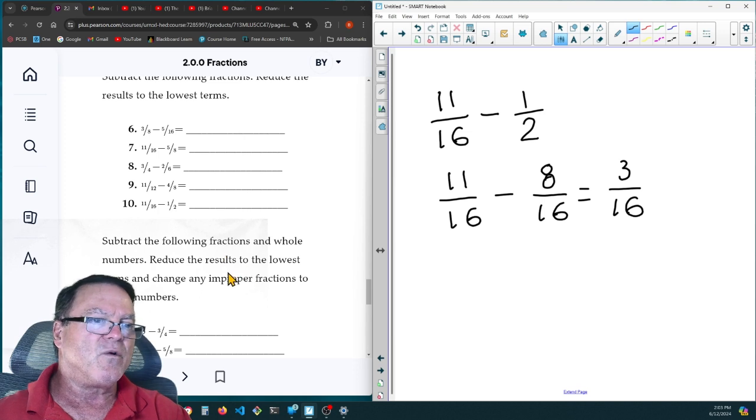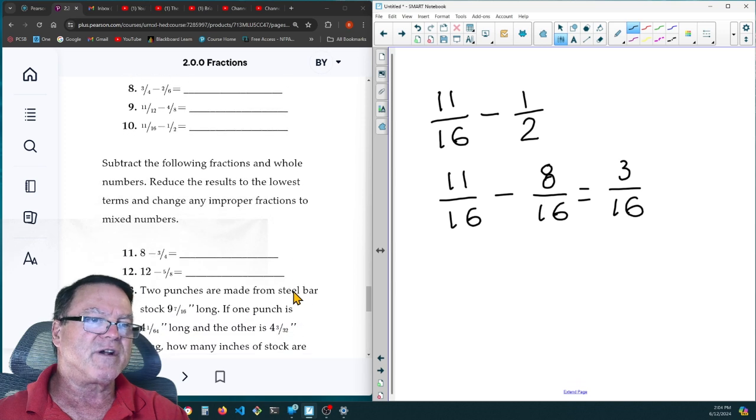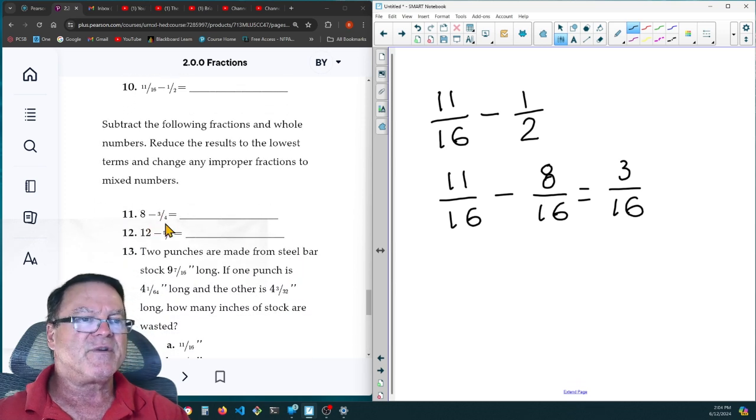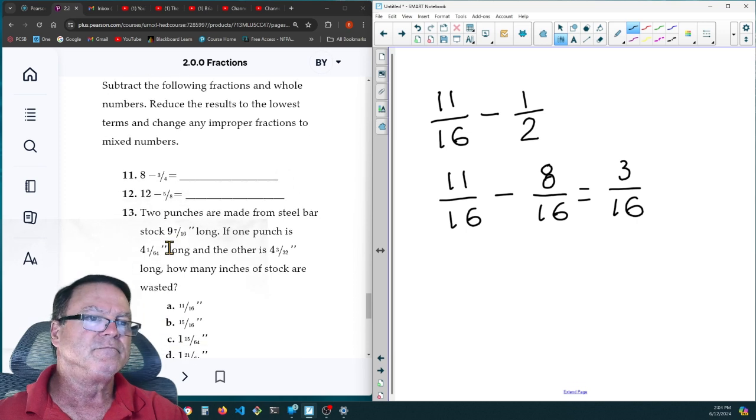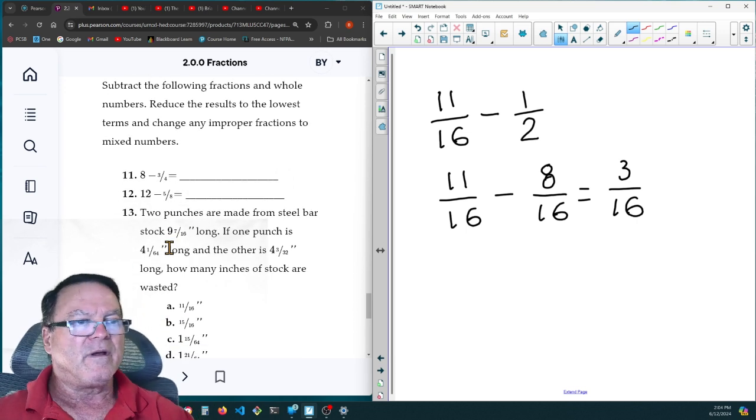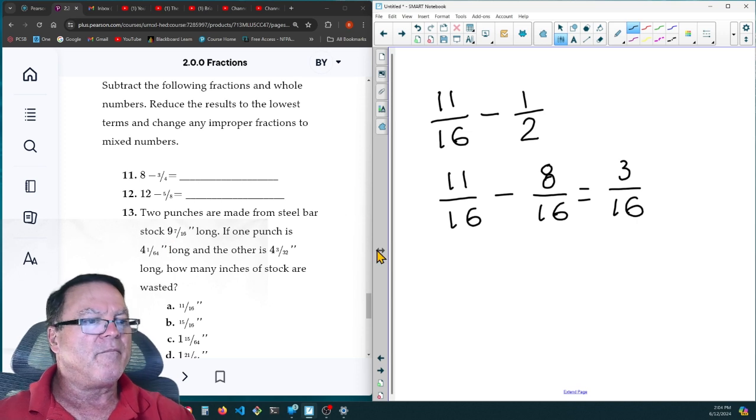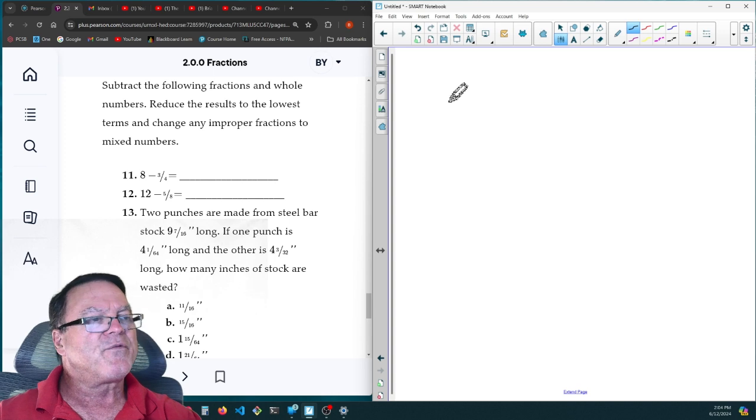Subtract the following fractions and whole numbers. Reduce the result to the lowest terms and change any improper fractions. 8 minus 3/4. I know 3/4 is less than 1.